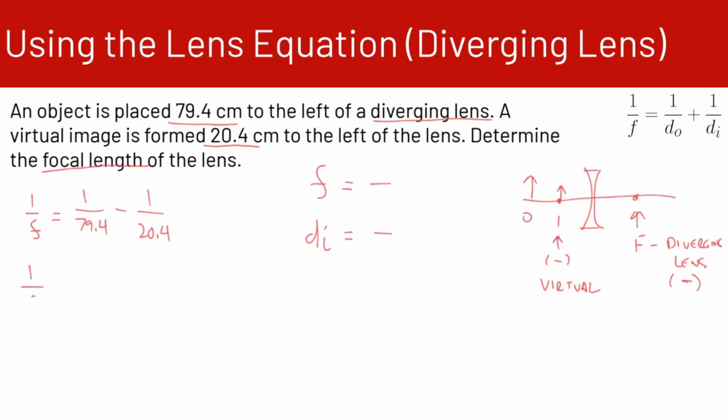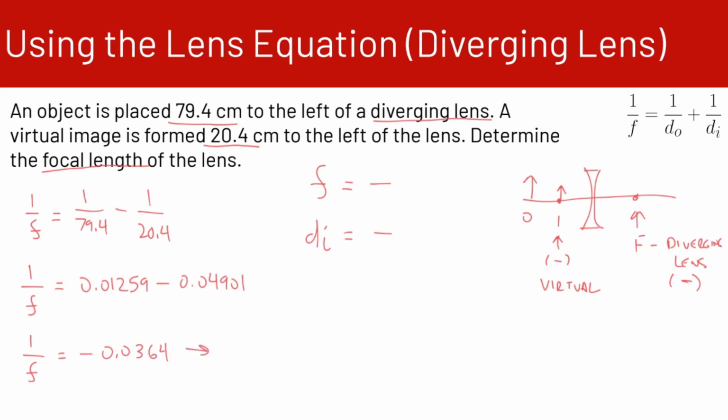So we have 1 over f is equal to 0.01259 minus 0.04901. So we'll combine like terms. So we have 1 over f is equal to minus 0.0364.